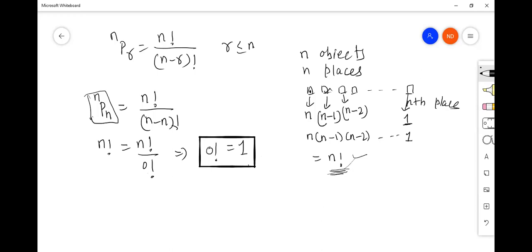Okay. So now we have studied what permutation is, the factorial notation, and the fundamental principle of counting. And one more thing, permutation is basically the arrangement of objects, right?